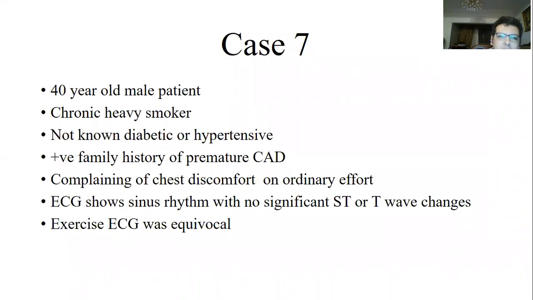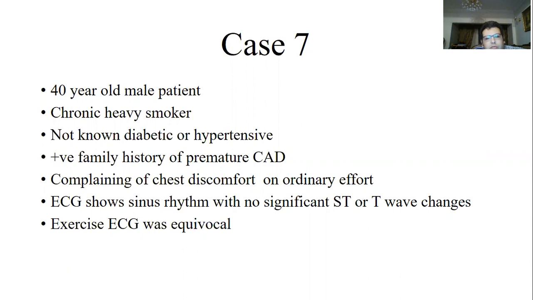Here, clinical case number 7 shows the incremental diagnostic value of 2D speckle tracking to conventional dobutamine stress echo in predicting significant coronary artery stenosis. A 40-year-old male patient, chronic heavy smoker, non-diabetic and non-hypertensive, positive family history of premature coronary artery disease, complaining of chest discomfort on ordinary effort.